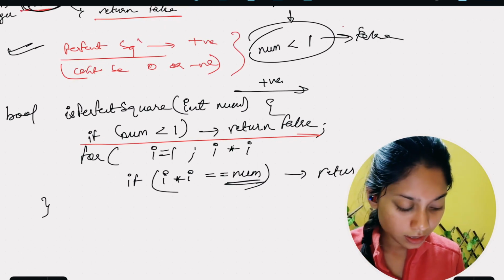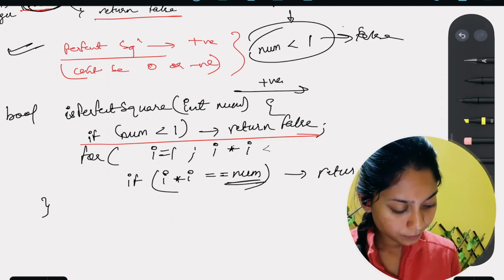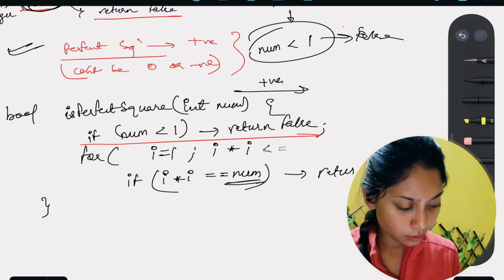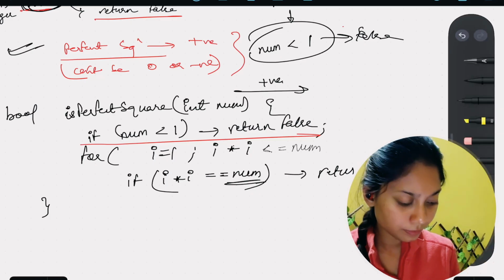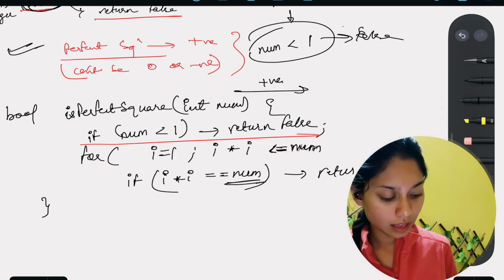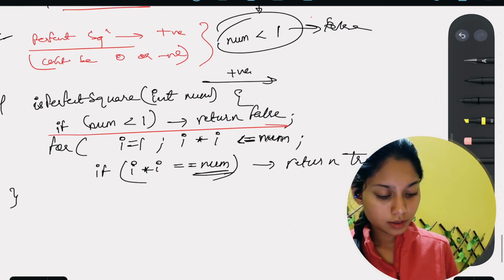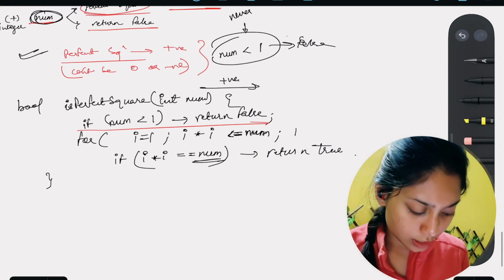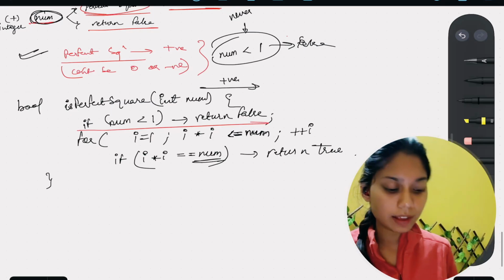Actually, it should be less than or equal to num. And then we increase our condition with plus plus i.